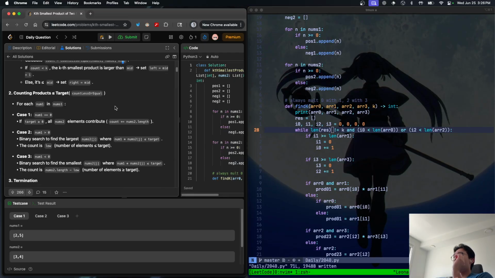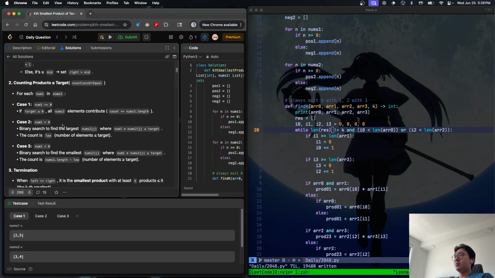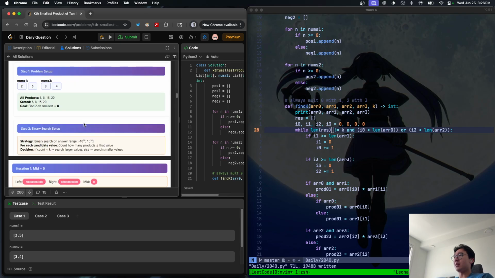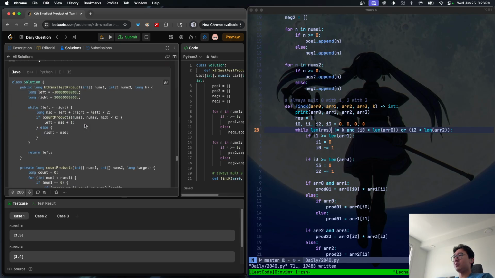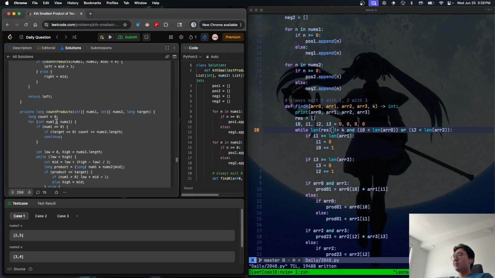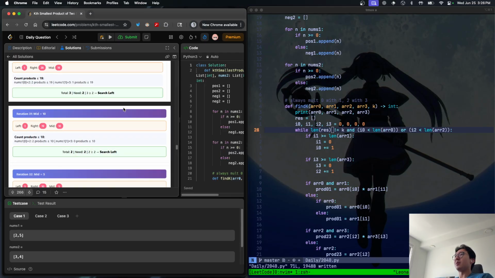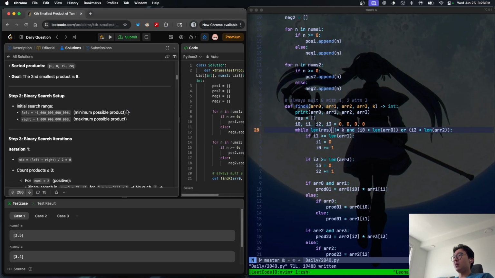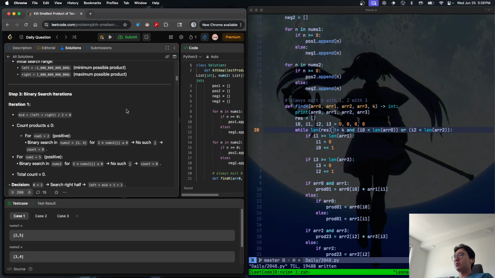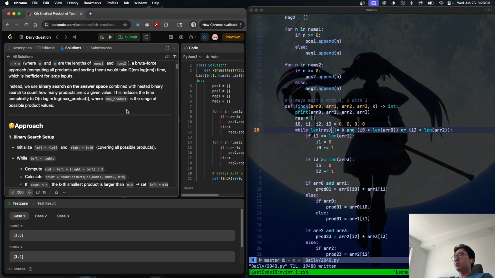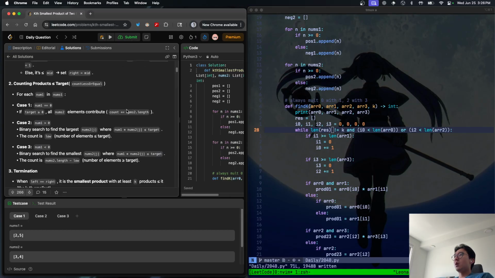Okay, is the target the mid? I think so. Let me see if the target is actually the mid. Okay, it is the mid. Okay.